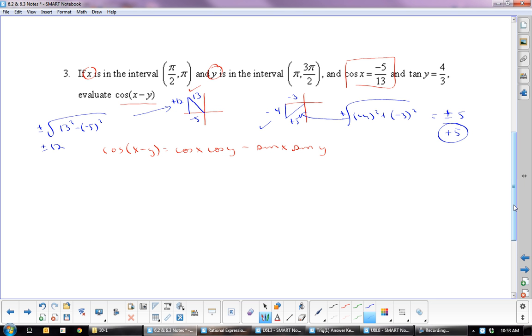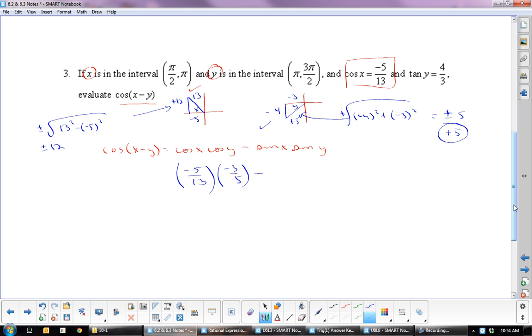Okay, the rest is easy. Okay, cos x, I already gave it to us. That's negative 5 over 13. Cos y is negative 3 over 5. So I guess I'm going to put an x here and a y here so we keep those straight. Okay, minus sine x.